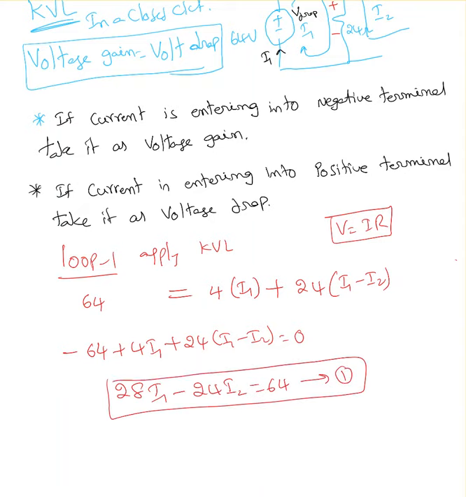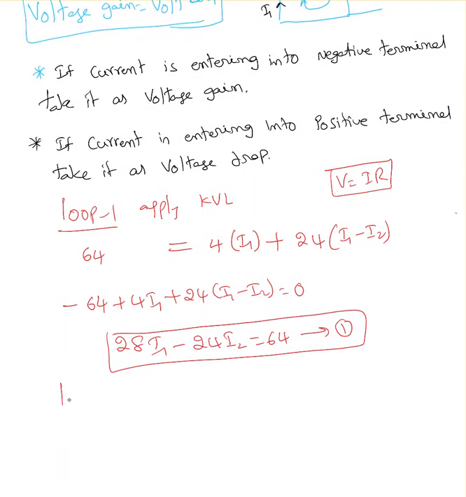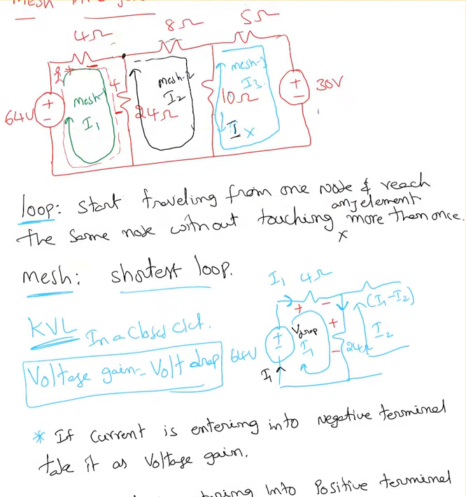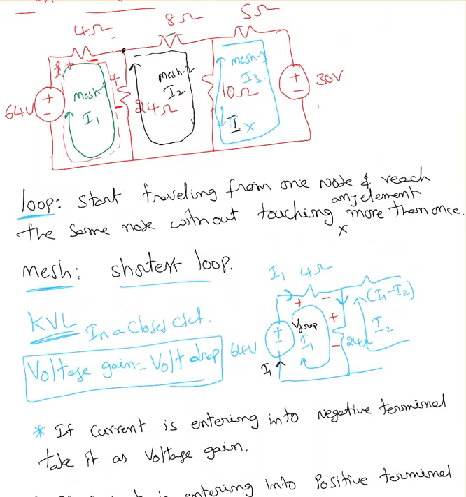Now loop 2, again apply KVL. When you are in loop 2, assume that the loop 2 current is larger than any other current. So according to my I2, I'm going to assign positive and negative signs: positive, negative, positive, negative.